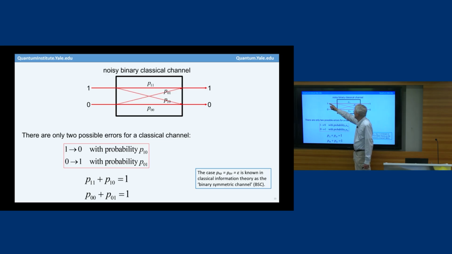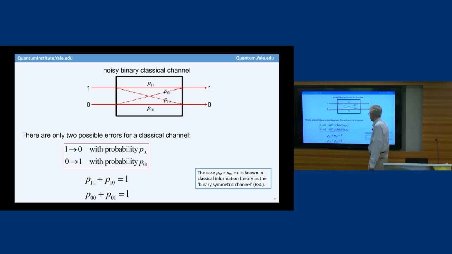But if Alice sends a 1, there's a probability p11 it comes out as a 1, and a probability p10 that it comes out as a 0. Okay, does that make sense? And the smaller those probabilities are, the less noisy the channel is. Does that make sense?